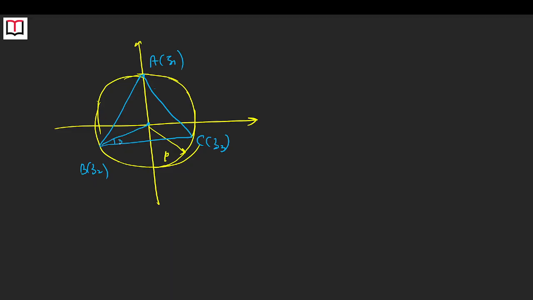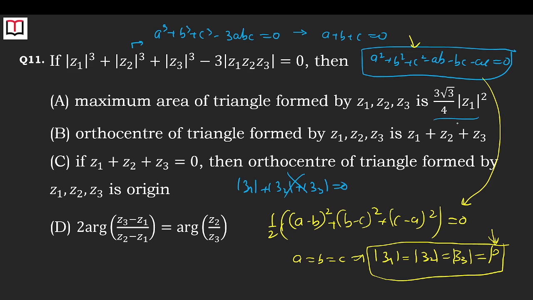Of course, this has to be 30 degrees, and then this is p units. So this will be sine 30 times p, which is p by 2, and this will be root 3 p by 2. So half base into height. Half base is root 3 p by 2, and height is 3 p by 2. So it's 3 root 3 p square by 4. That's it. That's what is given.